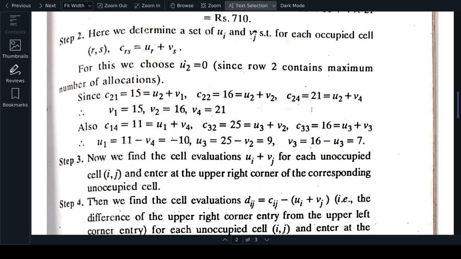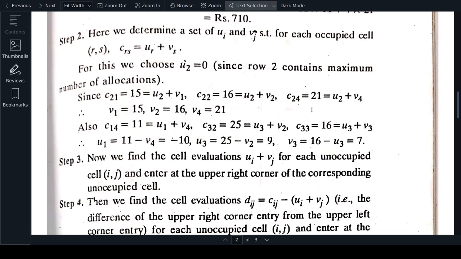Right? How to check the optimality test? Last class I gave the computational procedure of the optimality test. What does it mean? If all Dij are strictly greater than 0, then we get an optimal and unique solution.